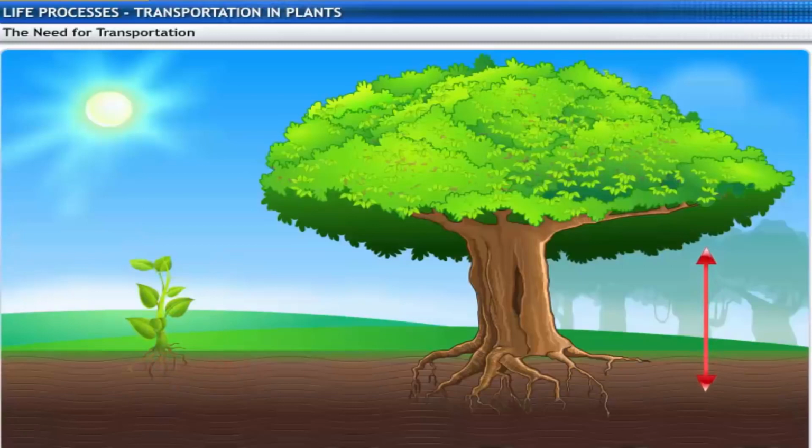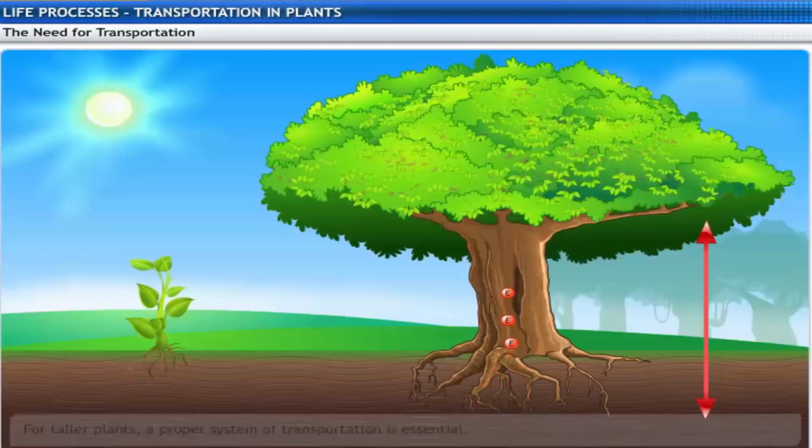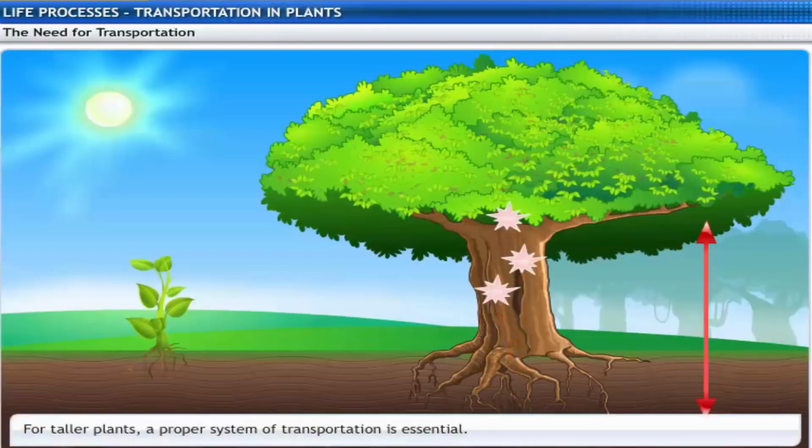However, if these distances become large because of the plant body design, diffusion alone cannot provide raw materials and energy reserves to the plant. A proper system of transportation is therefore essential in such types of plants.